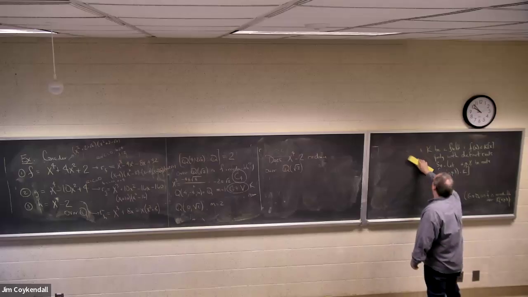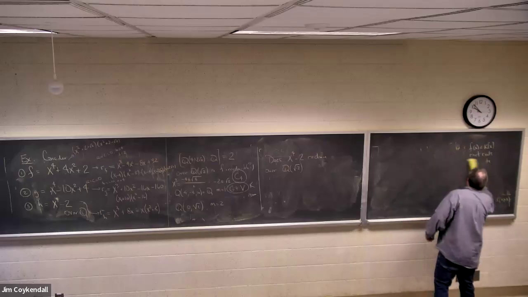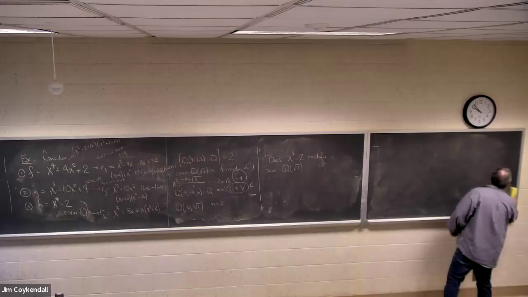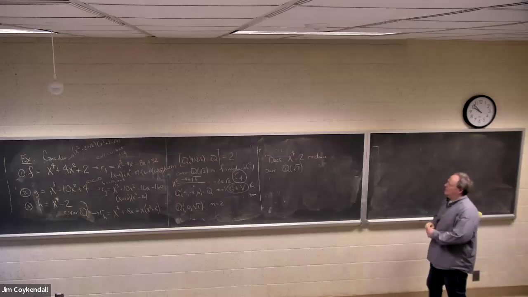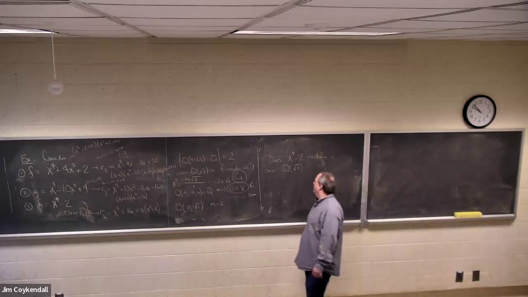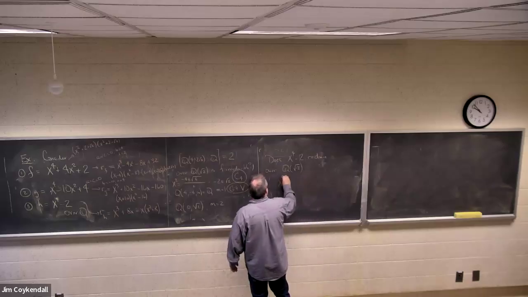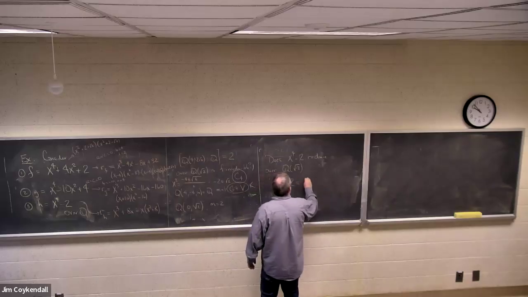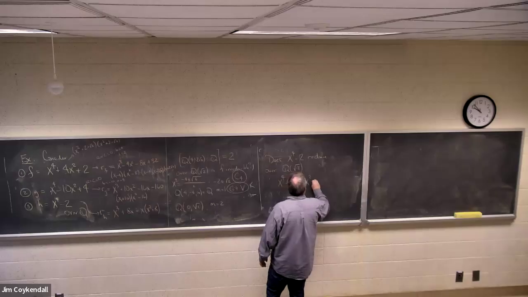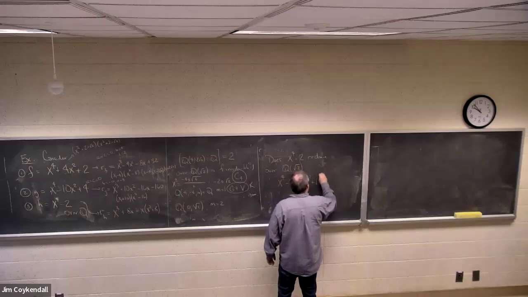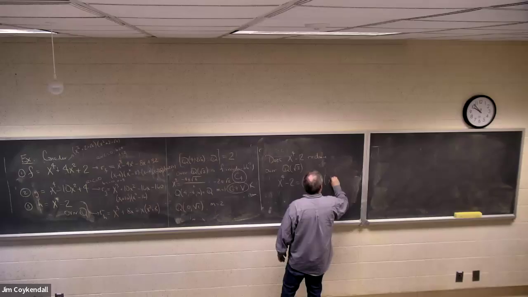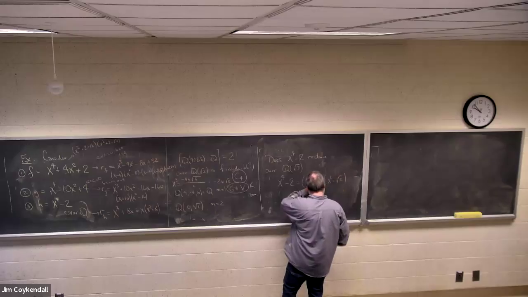Oh, yeah. So the original polynomial is x4 minus 2, which is x squared plus radical 2, x squared minus radical 2.